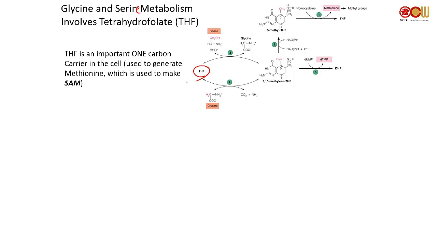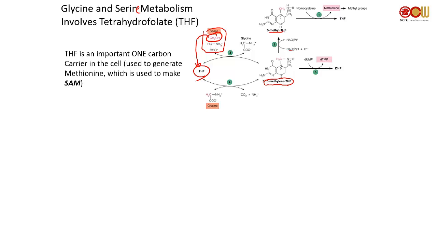This is THF. You can take serine, and serine can essentially throw the CH2OH onto THF, and you form this thing called methylene THF. Then you can take methylene THF and reduce it into methyl THF.